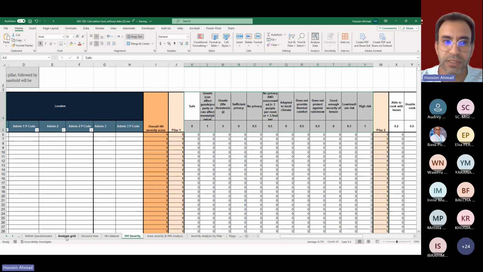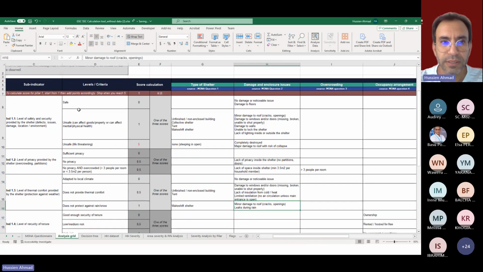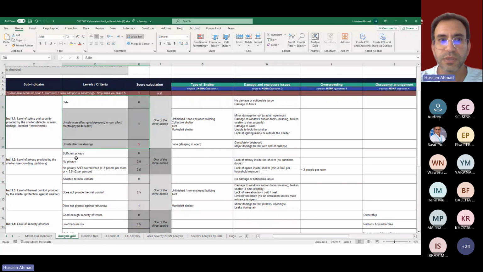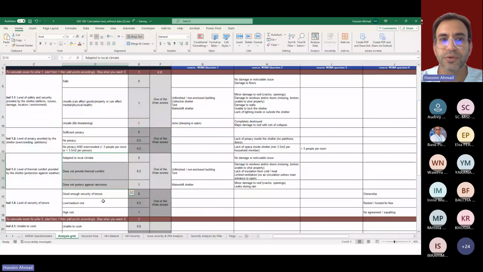If I go back to the analysis grid here, it is the same criteria: safe, unsafe, unsafe, with the scores: sufficient privacy, no privacy, no privacy, and overcrowded. Then adapted to local climate, doesn't provide thermal comfort, doesn't protect against rain or snow, and security afternoon.